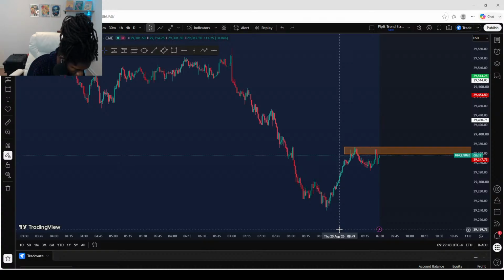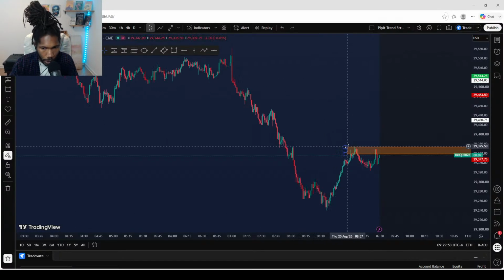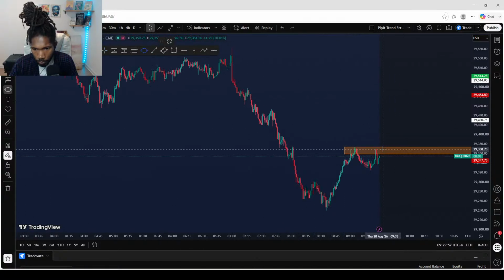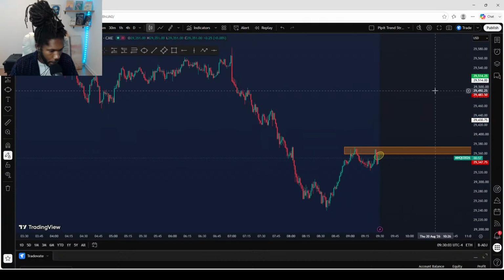Pre-market type stuff. But we have a minute until market opens, so I'm gonna just wait. I'm anticipating the market to actually sell off of this area. We got 3 seconds. This is a sell opportunity right here. Market is open.